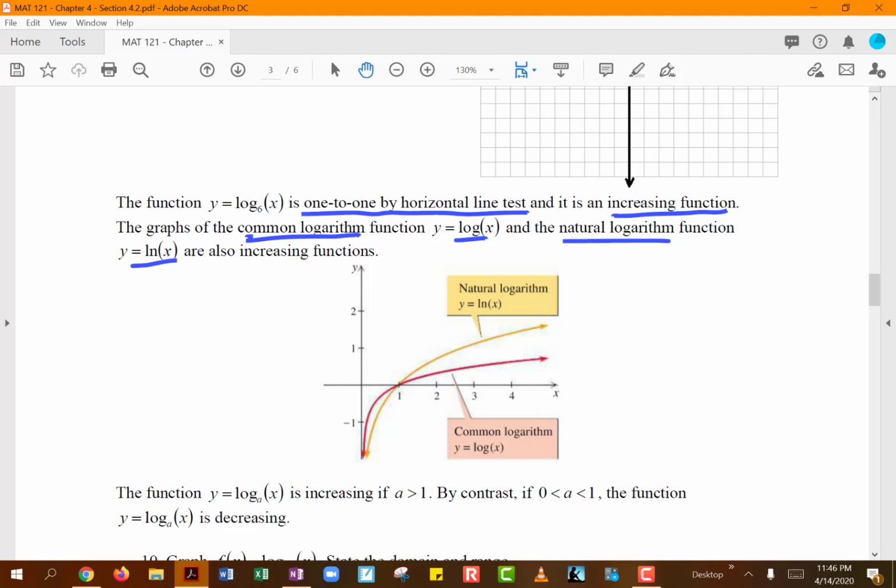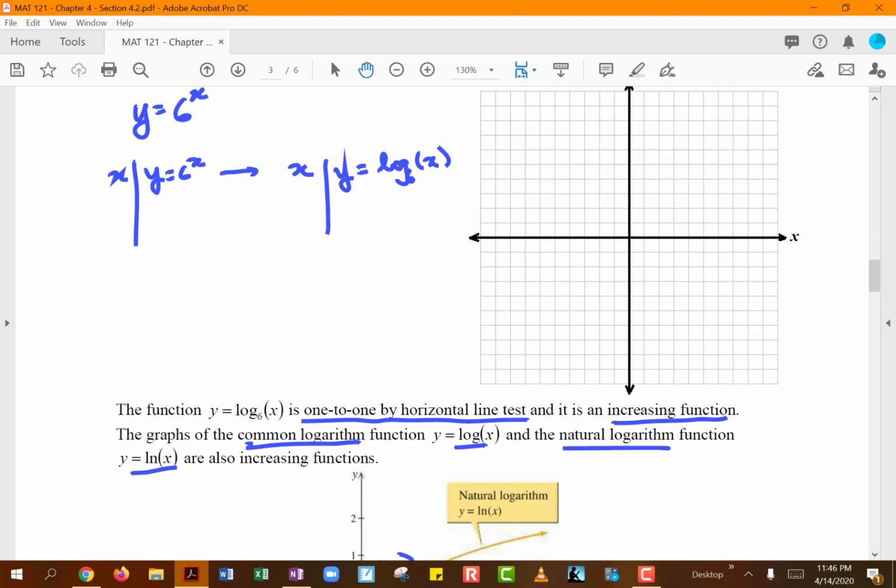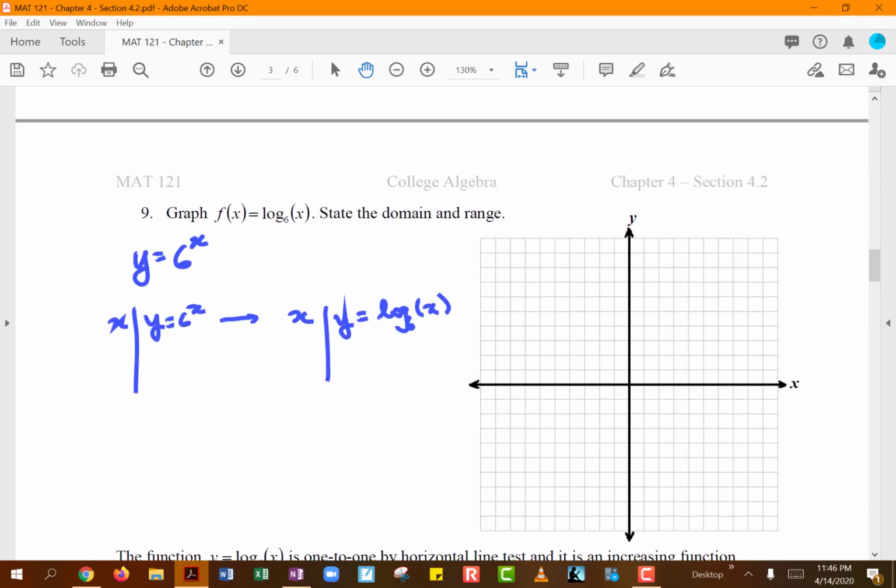They both have a vertical asymptote at the y-axis, so it will get really close to the y-axis, but it will never touch and never cross that line. So a lot of the similar properties that you saw here with this logarithm with base 6 function, you will see a lot of those similar characteristics with your common log and natural log.